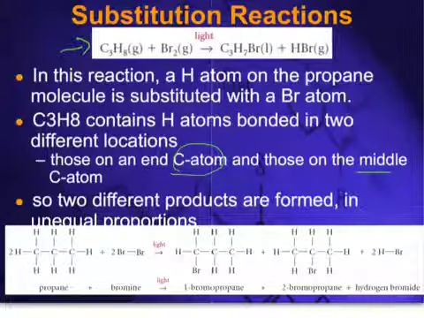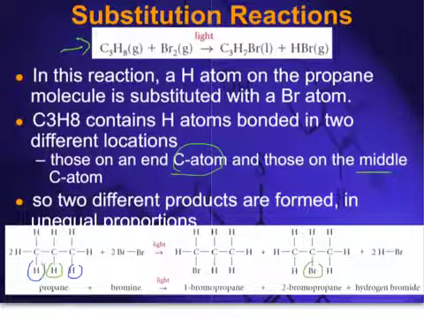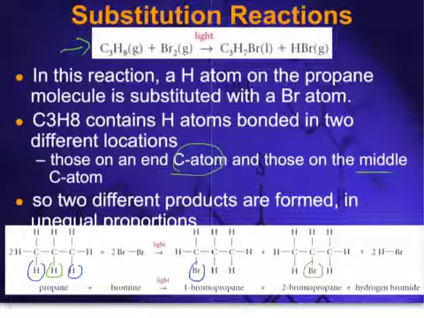Therefore, when bromine replaces the hydrogen that is in the middle, you will get 2-bromopropane. However, if a bromine reacts with the hydrogen at either end of the molecule, you will produce 1-bromopropane. These 2 products are formed in unequal proportions, and it's not possible to perform simple stoichiometry at this level.